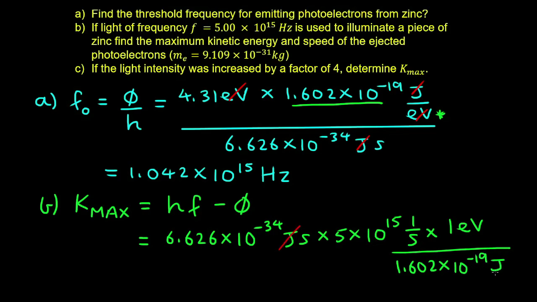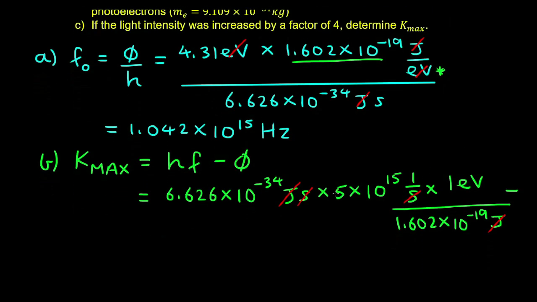The joules cancel and the seconds cancel, and we end up with electron volts. And we subtract the work function, which was given in the problem in electron volts. So what we get is K max is equal to 20.7 electron volts.